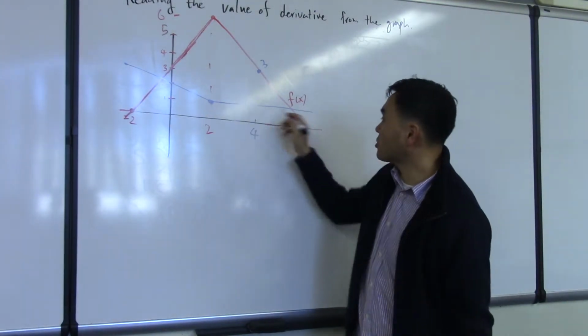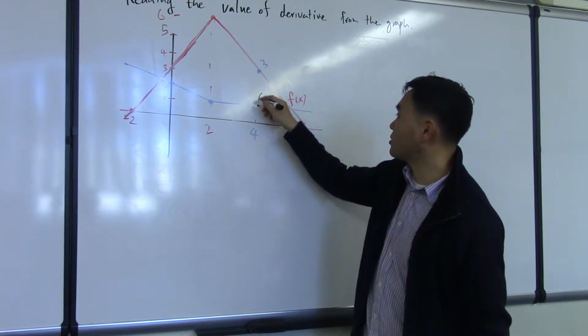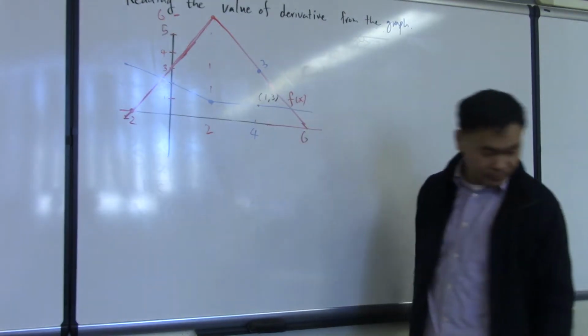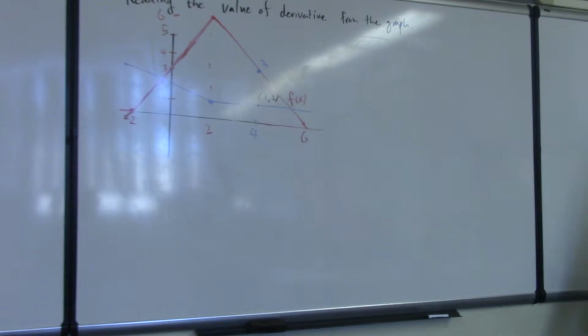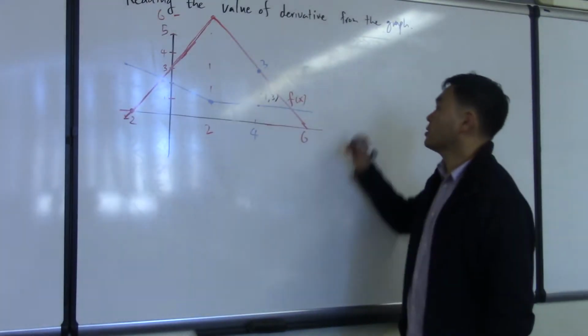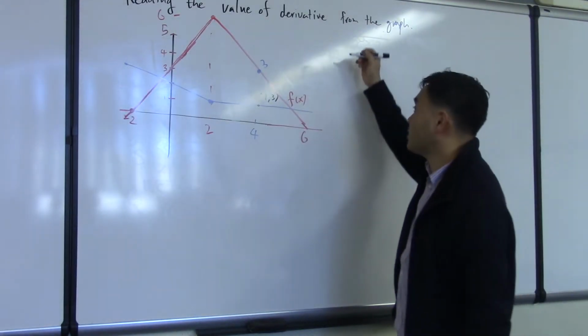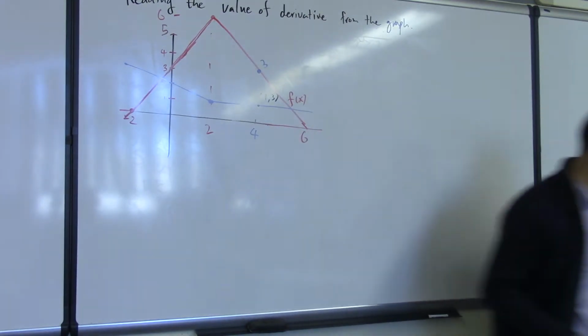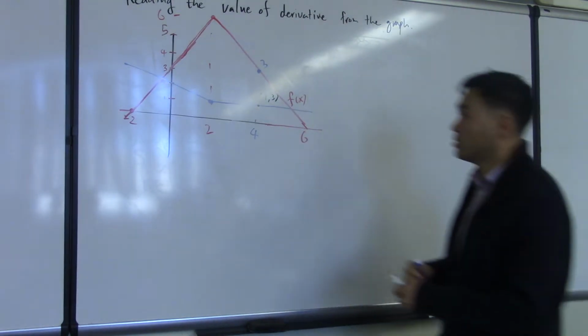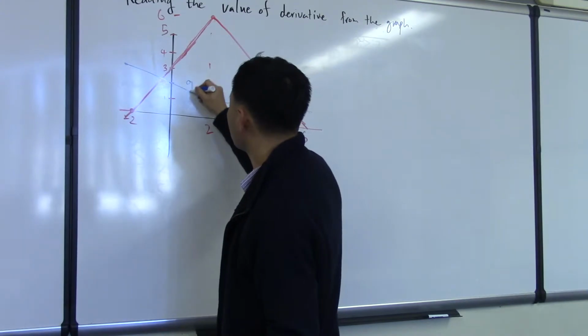And this is a horizontal line, so this point here is 1, 3. Okay, for these, by the way, I should name this as g. This function here is g of x.